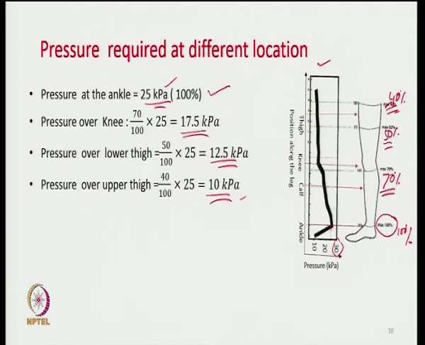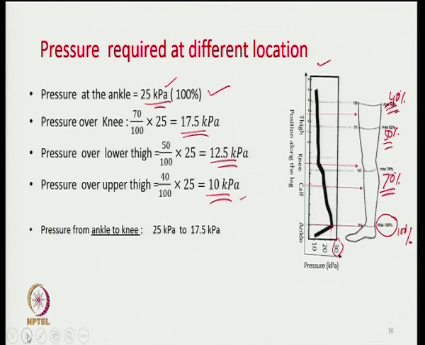So, graduated pressure is what is required, and for many circumstances we need not just constant pressure over the limb, we need a graduated pressure. So, pressure from ankle to knee is varying from 25 to 17.5 kilopascal.